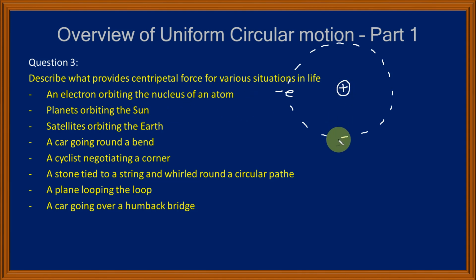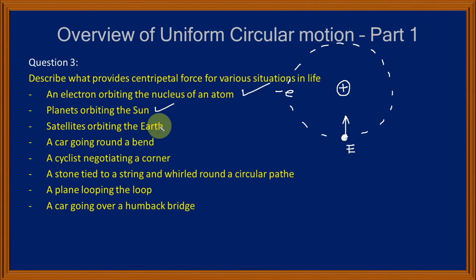If this is the sun and maybe we've got a planet here, maybe the Earth, then the gravitational pull on the Earth by the sun, I want you to observe those words very carefully. The gravitational pull exerted on the Earth by the sun provides the required centripetal force on it to make it orbit the sun. So over here it is the electrostatic pull. Here it is the gravitational pull on the Earth by the Sun.